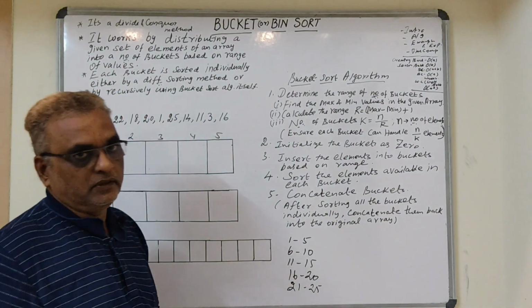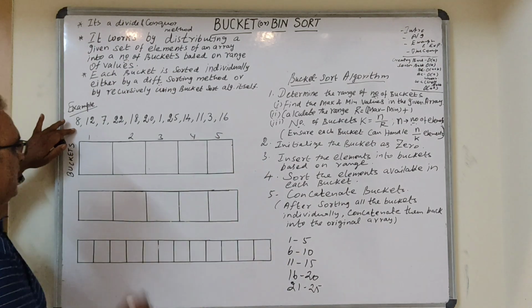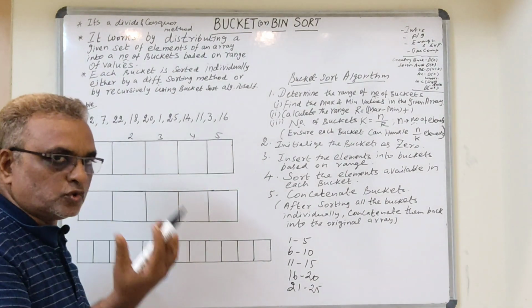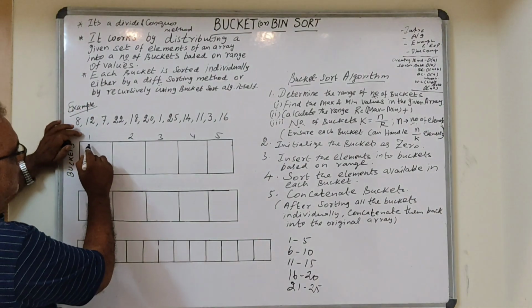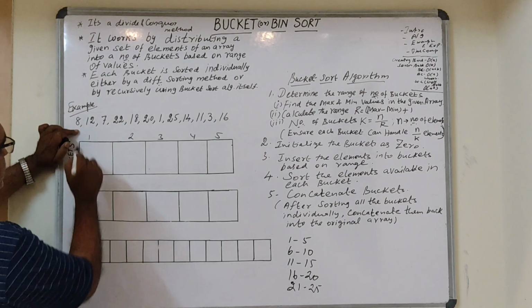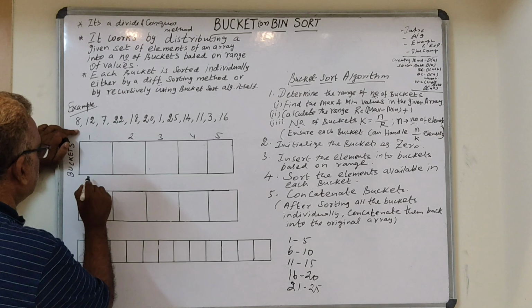Let us see the example. Here we have 12 elements, and consider these are the buckets, which are also called bins. The first value is 8, and before storing this value, write down the range of each bucket.